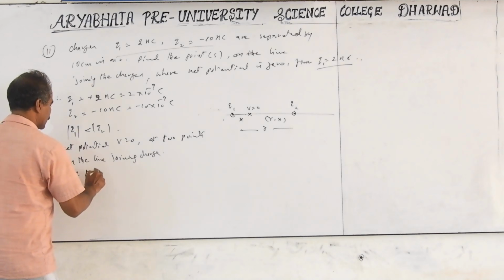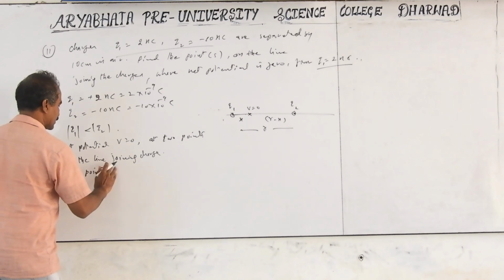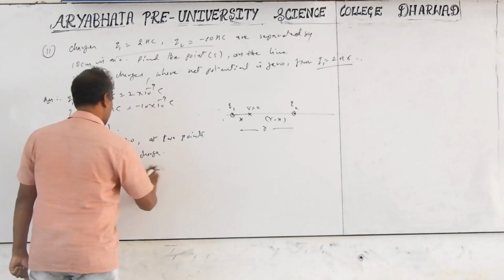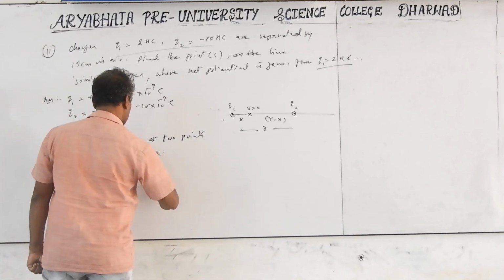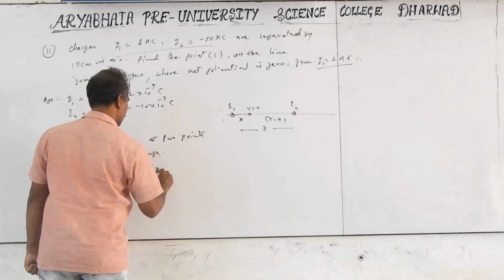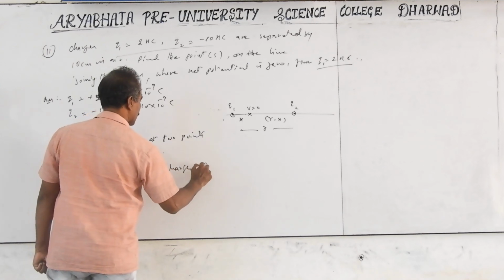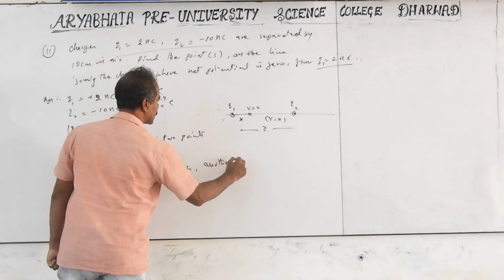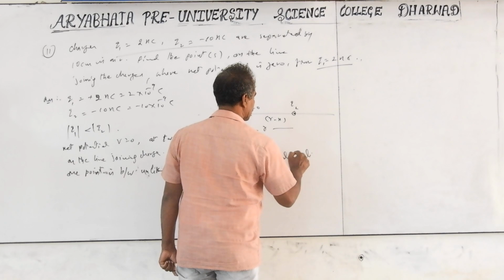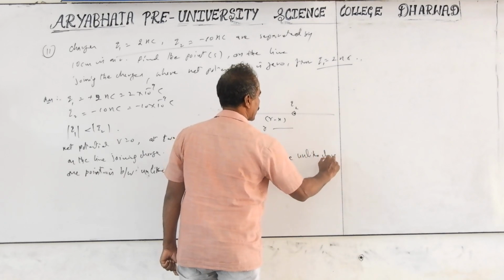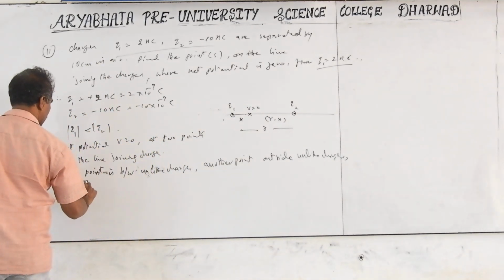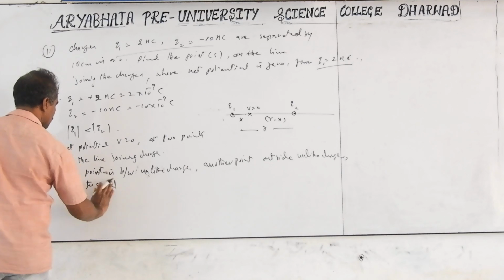One point is between the charges, compulsorily for unlike charges, between unlike charges. And another point is outside, on the line of the unlike charges, near the smaller charge magnitude.